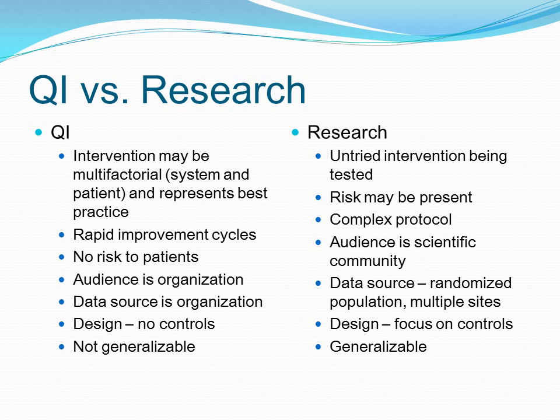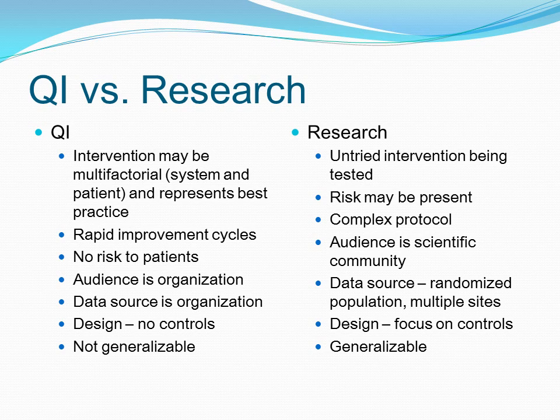Research, on the other hand, is an untried intervention that's being tested. So there is risk. And so there has to be a very complex protocol that's involved that does not exist with quality improvement. And the audience is not patients or the system, but is the scientific community. And the data sources are the randomized population, multi-sites, and the design focuses very extensively on controls, all about control.